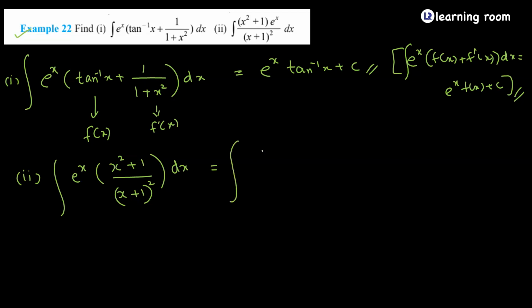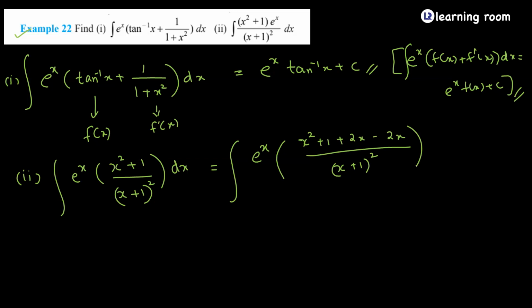So shall we try and see? Integral of e power x into x square plus 1. Can I add a 2x and subtract a 2x, the whole divided by x plus 1 the whole square? But I don't think it will work. I'll tell you why.